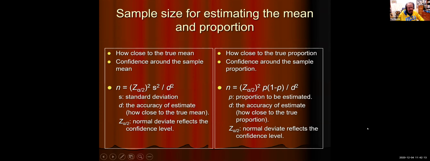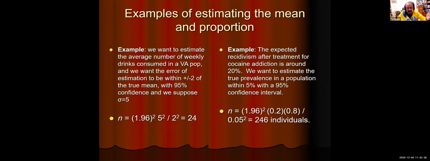Similarly, with means, it's a little different because now you're looking at a quantitative number here. You need to know something about the standard deviation. We've talked about how we get that, and again, a margin of error as well, and a confidence level. So here's a couple of examples involving two different studies. One on the right-hand side about recidivism after treatment for cocaine addiction.